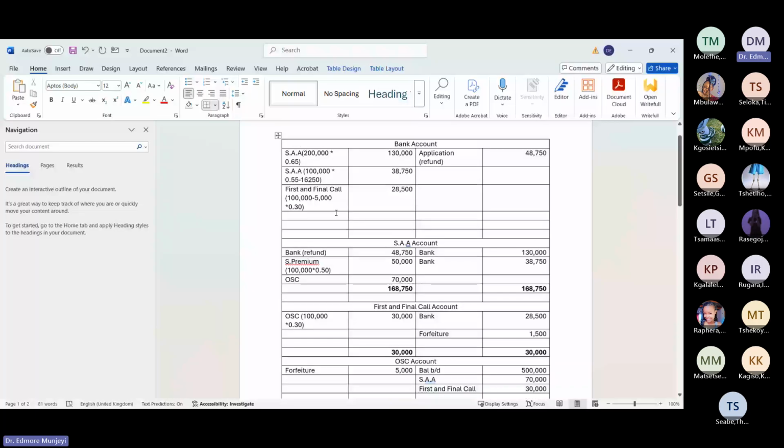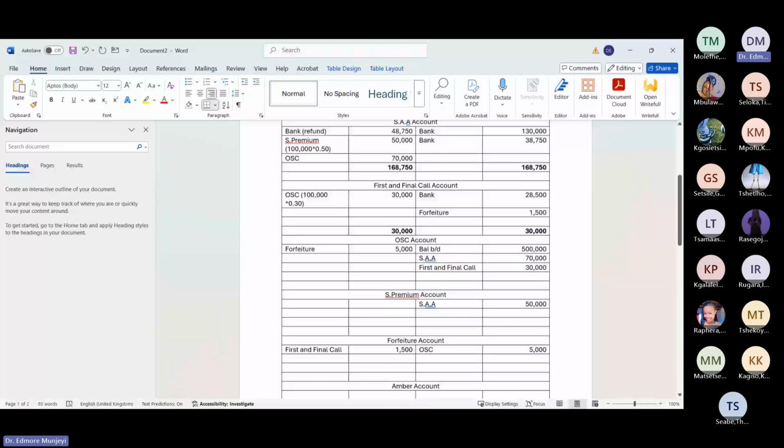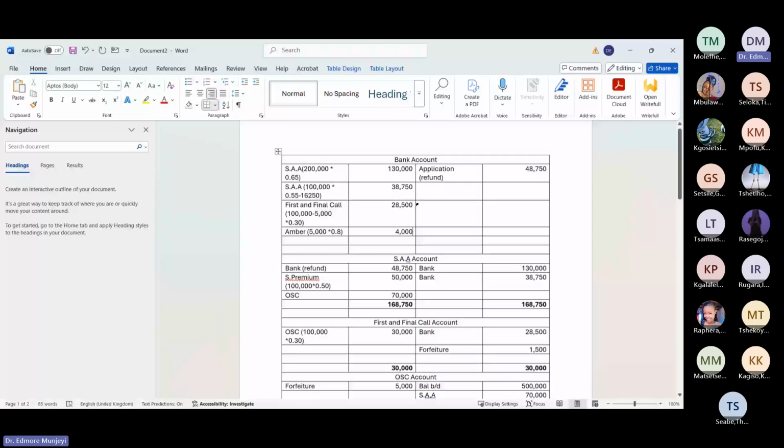It is from Ember, 4,000. We received that money from Ember buying the forfeited shares from the person who forfeited them. So now we have entered that 4,000, we debited it in the bank account. We are going to go to Ember's account.